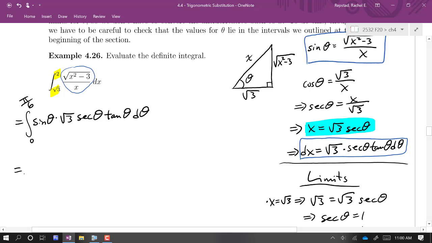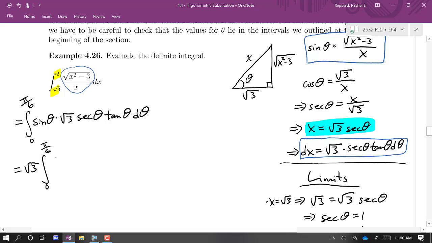All right, let's rewrite this. Let's see how we can integrate this integral. It'll surprise no one to see that I'm going to pull out that factor of √3. And then we have sine theta times secant theta, and then times tangent.